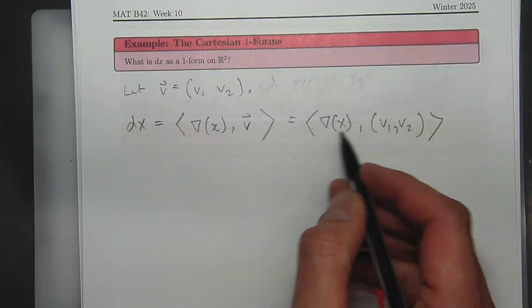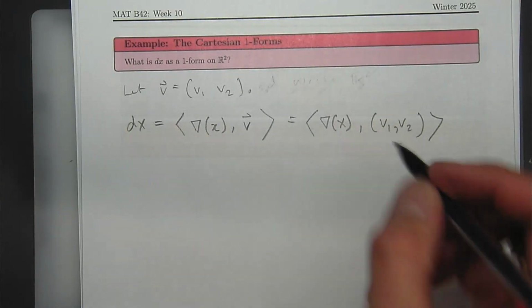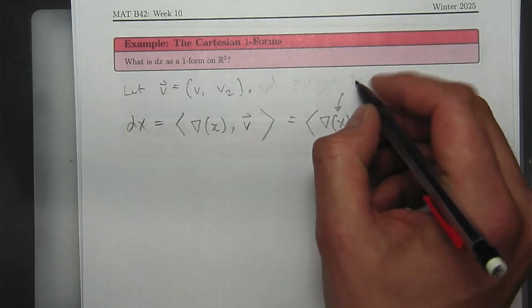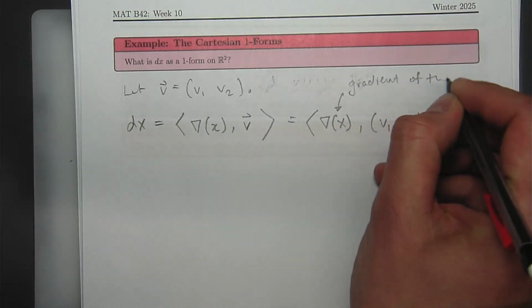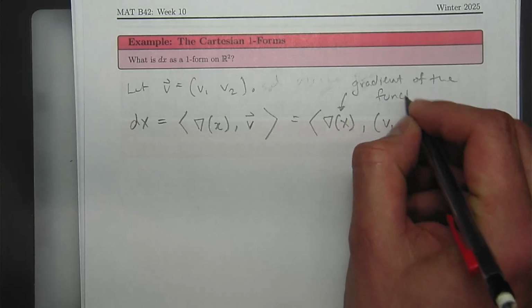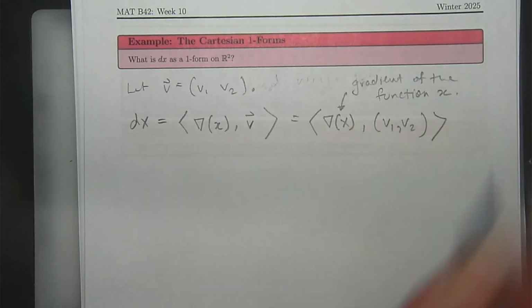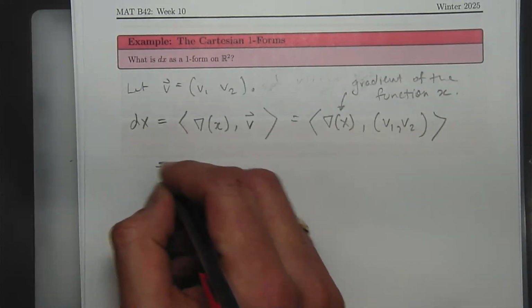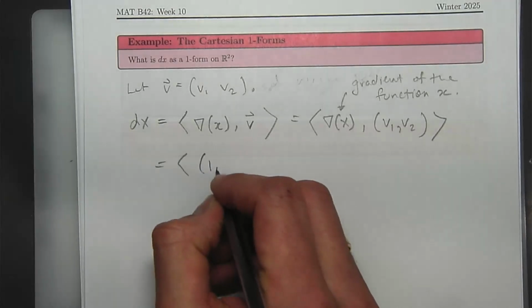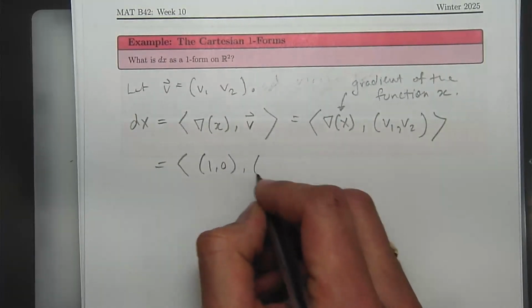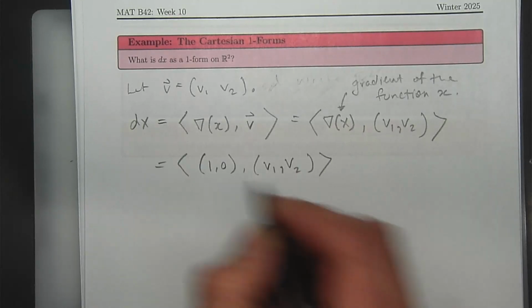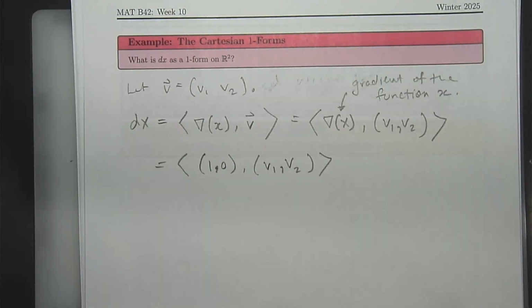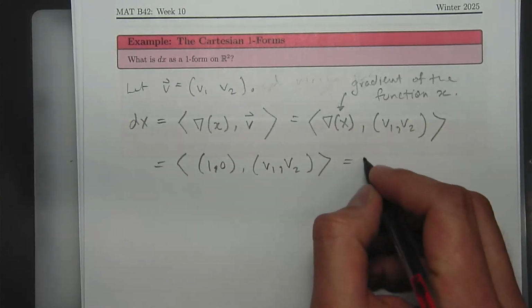We take the gradient of the function x, we take the inner product, and we get v1.